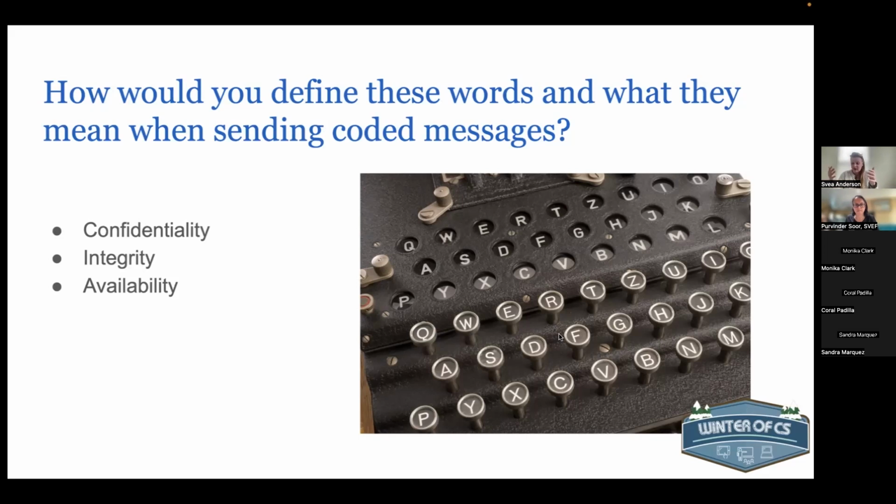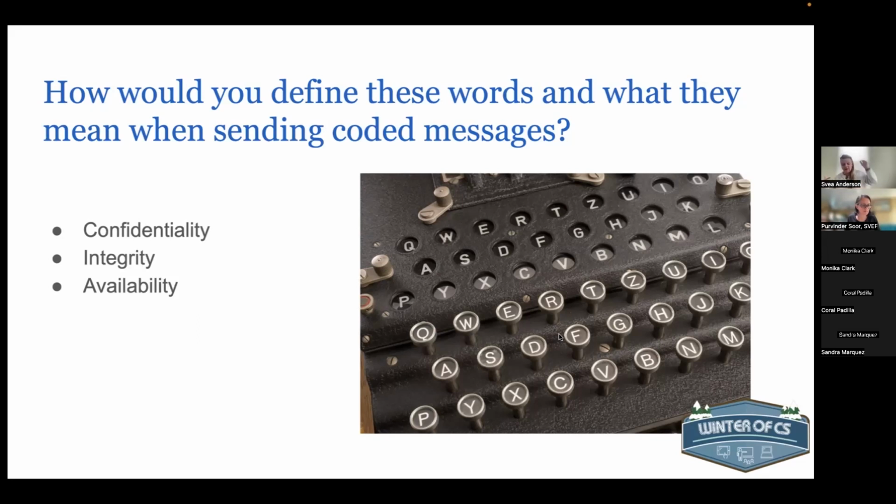Exactly, right? So confidentiality is making sure the messages are kept secret and private. Then we have control over who receives. Integrity involves making sure that it's from a trustworthy source, right? That it's free from tampering. It also has to be authentic and it has to be reliable, right? So we're not just taking information from anybody.